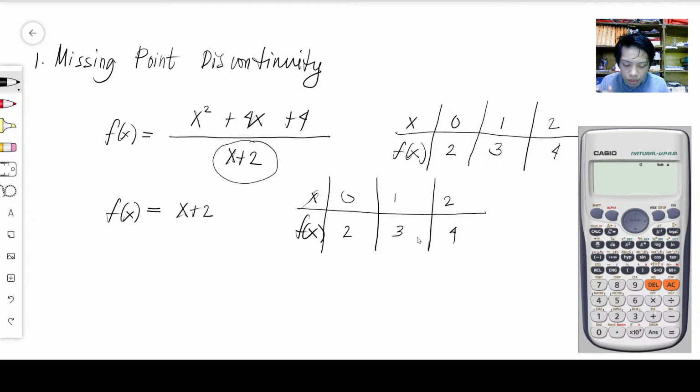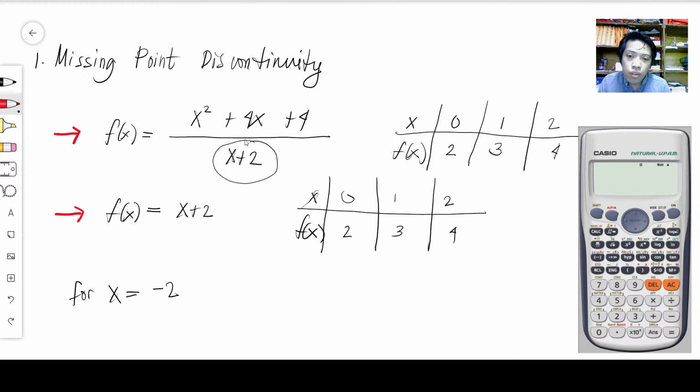For example, for x equal to negative 2, this function right here will be undefined, while this function right here will generate a value equal to 0. That's a real number; 0 is also a real number.